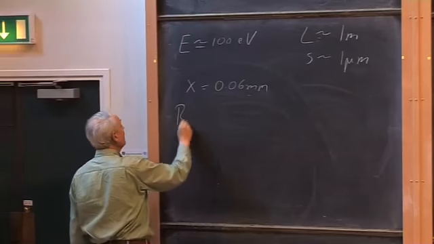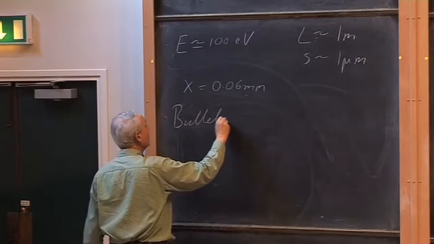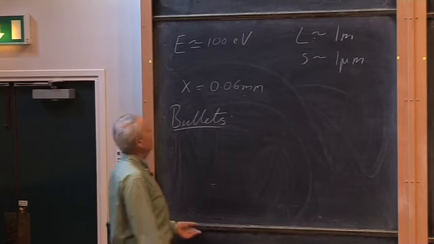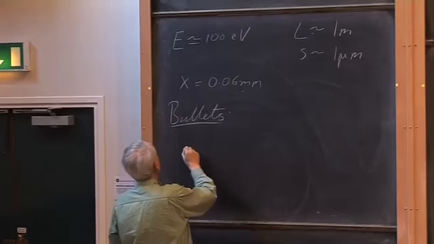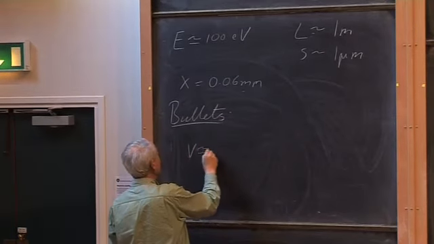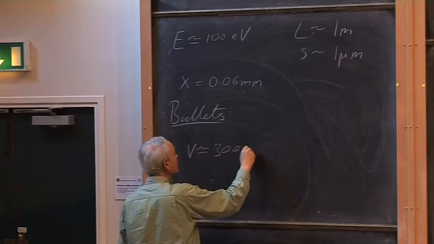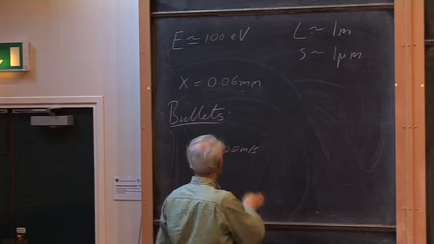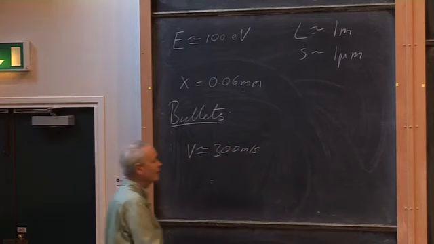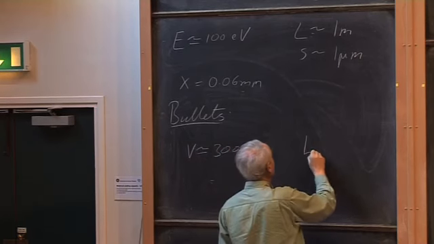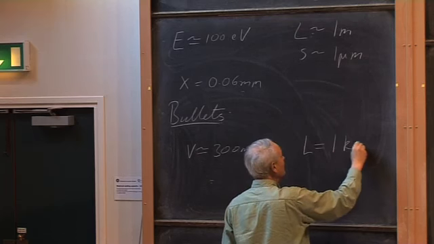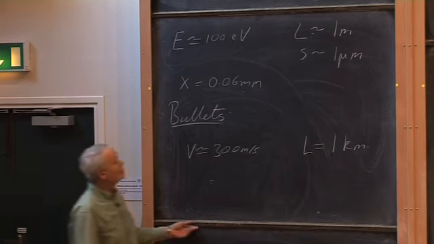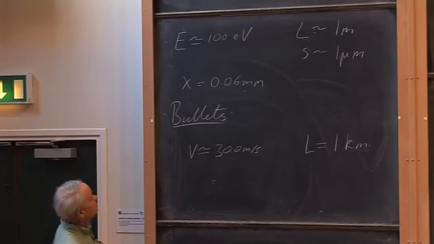If you do the same thing with bullets, when we're not expecting anything to happen, what could we do? We would take the velocity from a gun as, say, 300 meters a second. It might be a bit faster these days, I'm not sure, but that's faster than sound, so that's a reasonable ballpark figure. Suppose we took L to be 1 kilometer, 1,000 yards, a pretty reasonable shooting distance for a rifle.